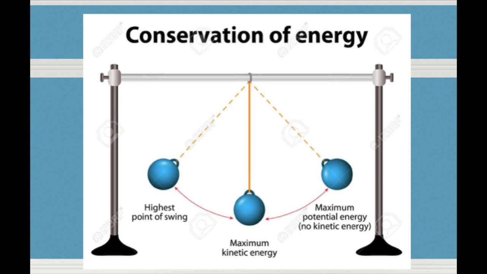As the pendulum bob is released, it accelerates downward because of gravity, and at the bottom of the swing, that's where the kinetic energy is maximum. So what we see here is that potential energy is converted to kinetic energy during this free fall motion of the pendulum.